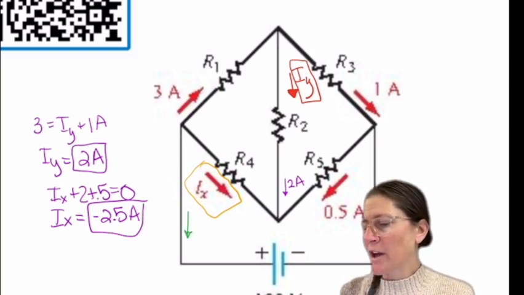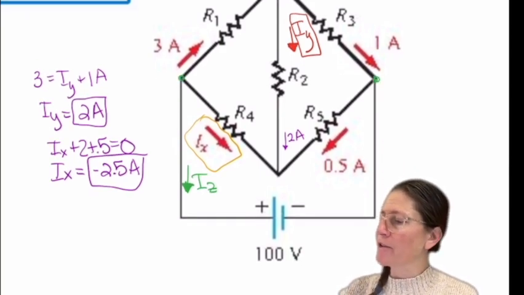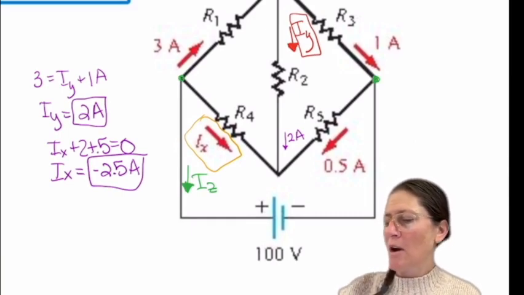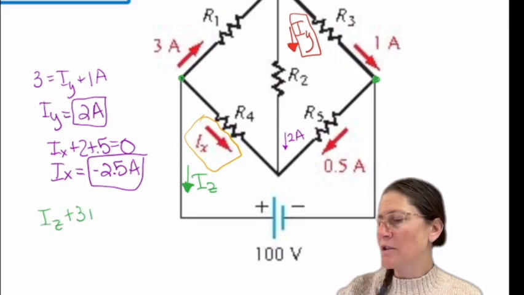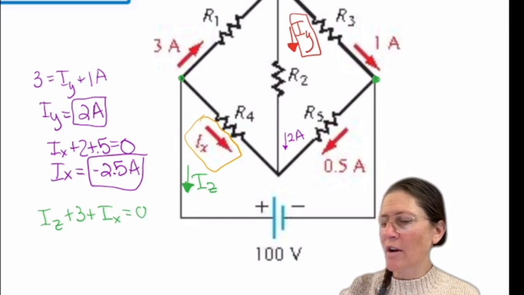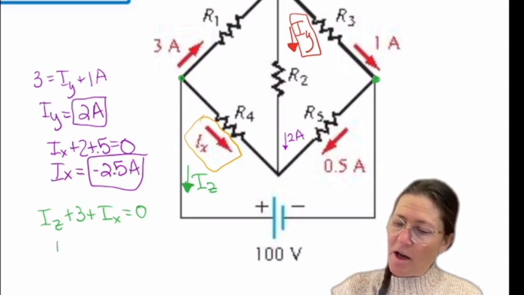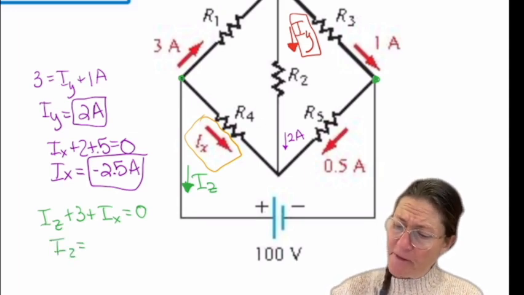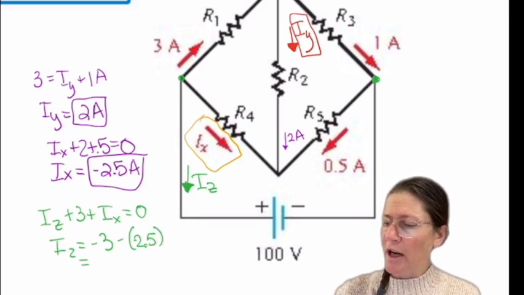If I asked to find this current labeled this way, I would look at either of these 2 sides, and it would be IZ going out, 3 going out, and IX going out. All 3 of them are going out. So IZ would be minus 3 minus IX, which is minus 2.5, for a plus 0.5.